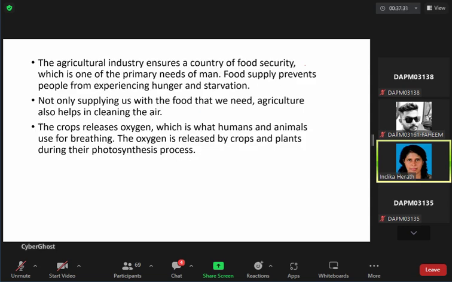Agricultural industry ensures the country's food security. I think the best example is, in the past couple of years, we have been making big changes in the agriculture sector, by stopping bringing fertilizer from outside, so that we had to face a huge problem of providing required nutrients for the plants. That resulted in not having enough food in the country, right?